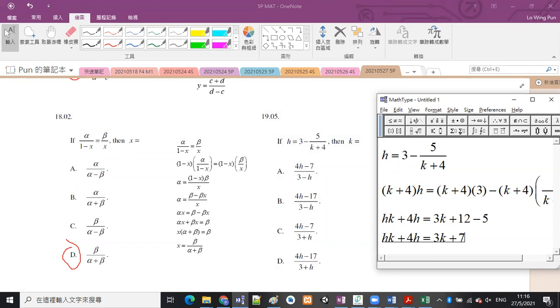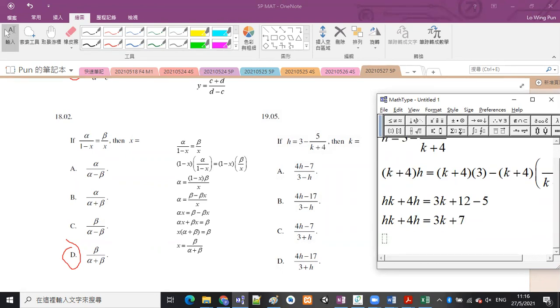Right hand side or left hand side? Right hand side. What if? Let me do something tricky here. Sometimes I cannot determine which side should I put the subject terms to be. For example, if I put the 3k to the left, like this, and then 7 minus 4h, right? That is not wrong.